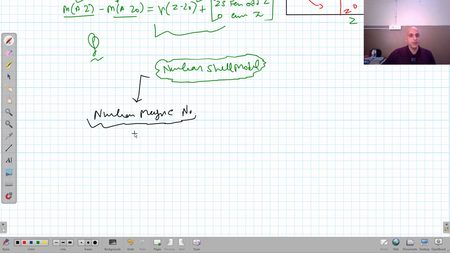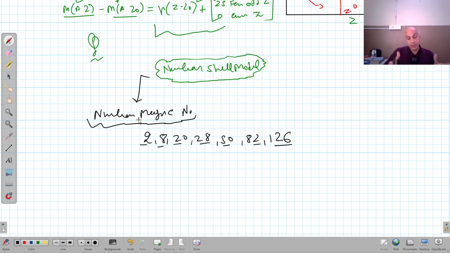In nuclear physics, if the number of neutrons, the number of protons, or both in a nucleus is equal to any of these numbers, 2, 8, 20, 28, 50, 82, and 126, then these nuclei are very highly stable.